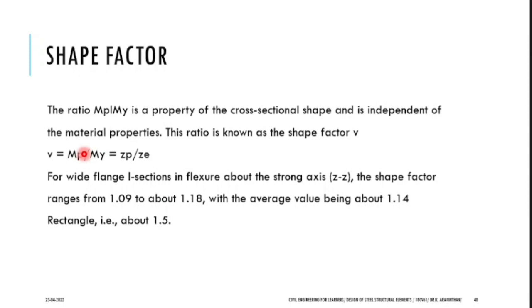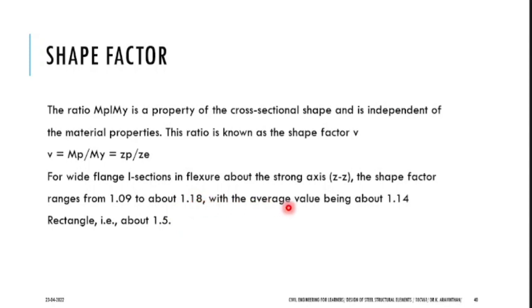Okay. For a conventional wide flange I section, flexure about the z axis, the shape factor ranges from 1.09 to 1.18. For all I sections, whatever the combinations, the answer will be around 1.09 to 1.18. When a problem is given, if your answer is not within the limit, you can check that somewhere you have made some error.